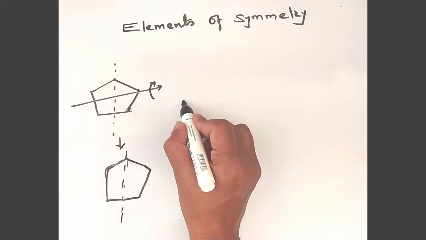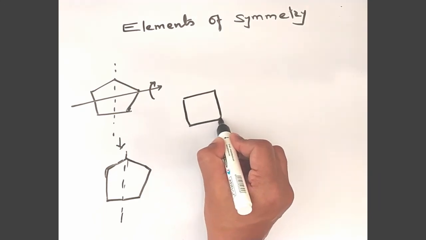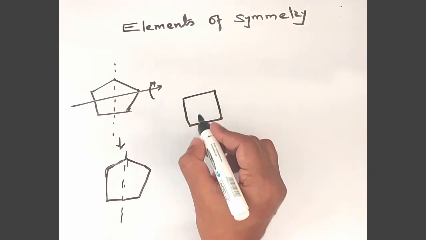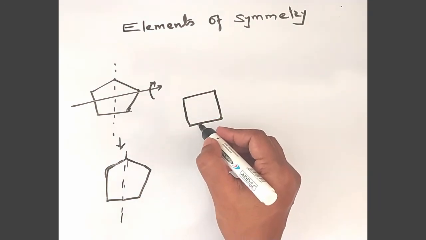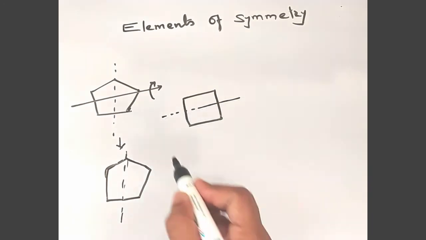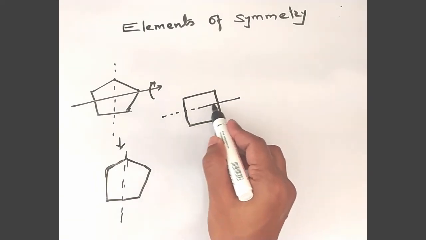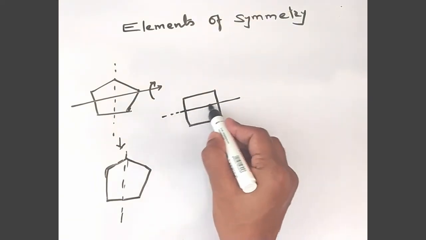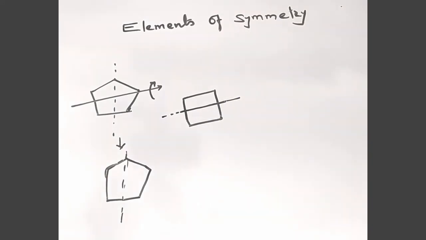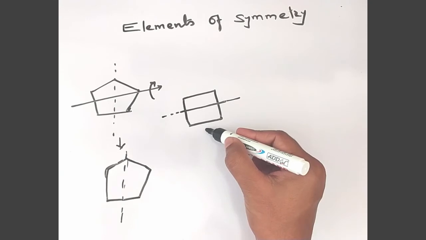Now I will take one more example, a square. In this square, if I apply a plane, this is called a plane, and I pass this plane, what will I have?